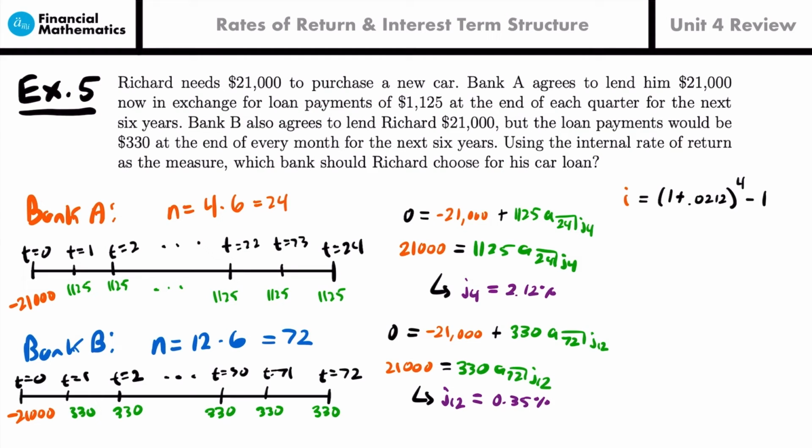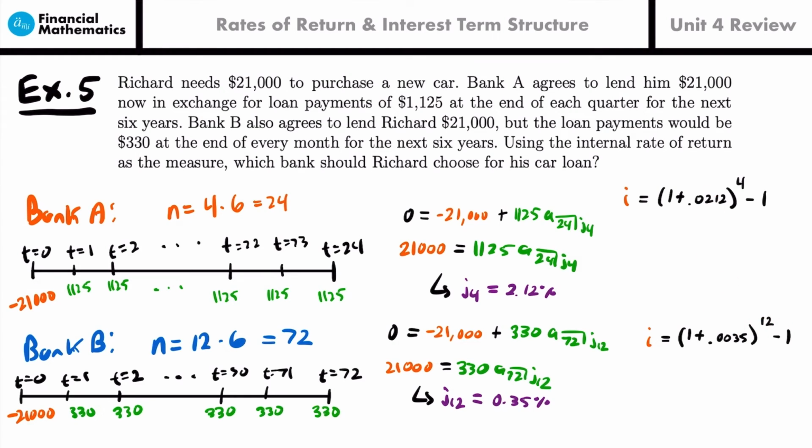And then let's set up this conversion as well. We have a monthly effective interest rate. So we will have that I is equal to 1.0035 to the power of 12 minus 1, right? This is a monthly effective interest rate. This is that rate as a decimal, and it would occur 12 times in a year. So that's why the power is 12.